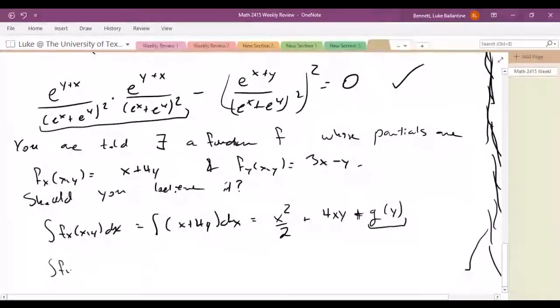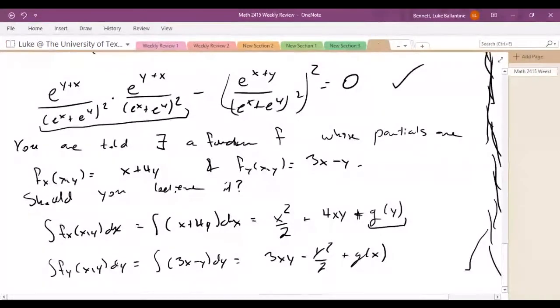In a similar manner, the integral of f sub y of x, y dy is equal to the integral of 3x minus y dy. So then we get 3xy minus y squared over 2 plus h of x.